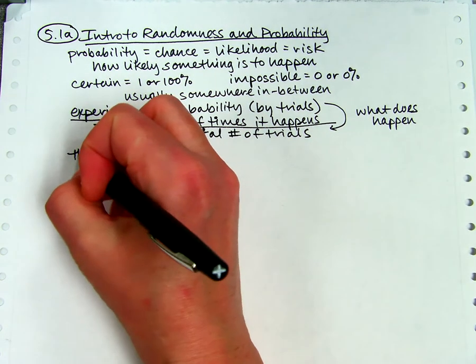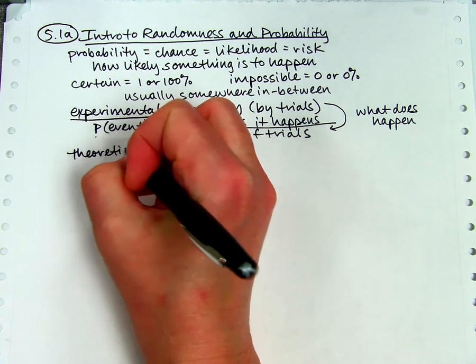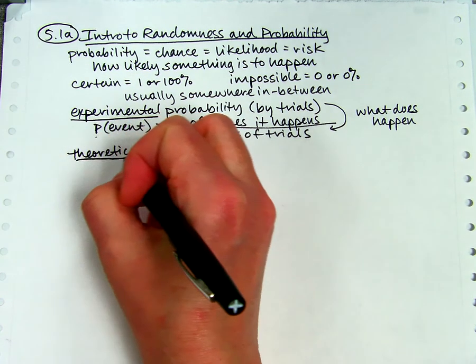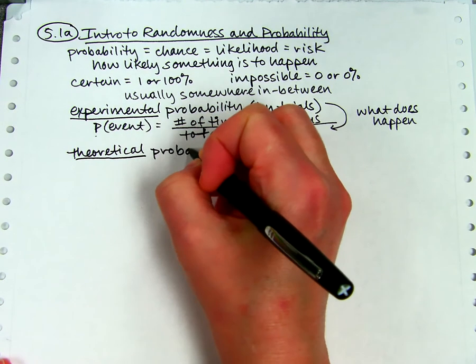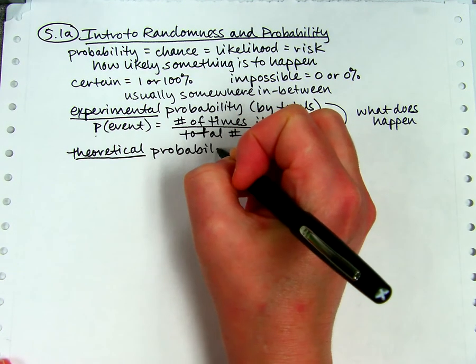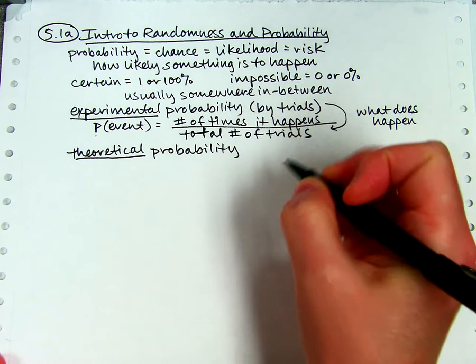The other kind is theoretical. So that's when you get into the pure or not applied mathematics. It's possible sometimes to calculate what ought to happen, and that would be called theoretical probability.